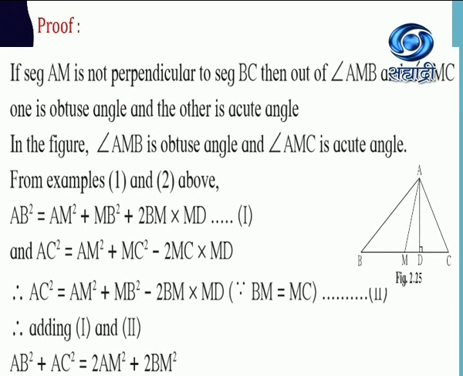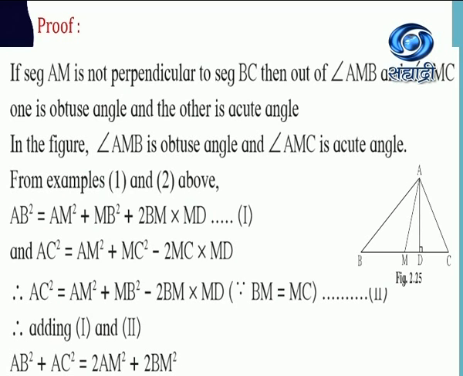Now from the previous examples 1 and 2, we can write that AB square is equal to AM square plus MB square plus twice BM into MD. Similarly, for the acute angle, AC square is equal to AM square plus MC square minus 2MC into MD. Considering this properly, we know that M is the midpoint, so BM can be written for MC here.